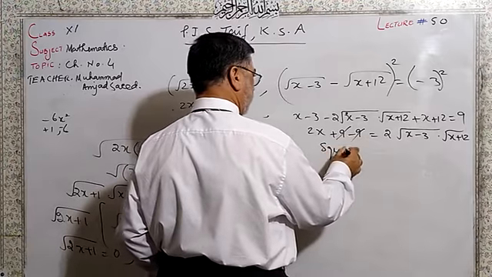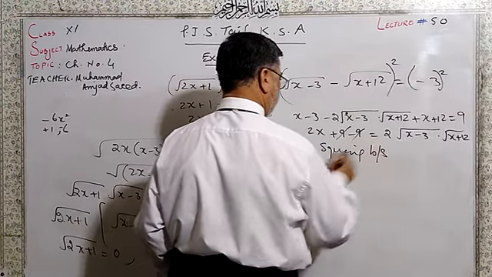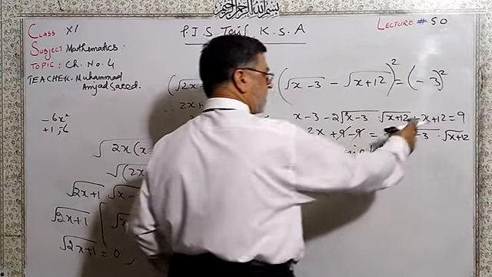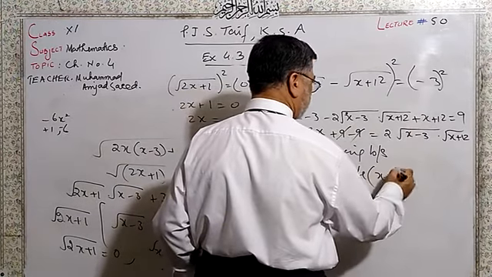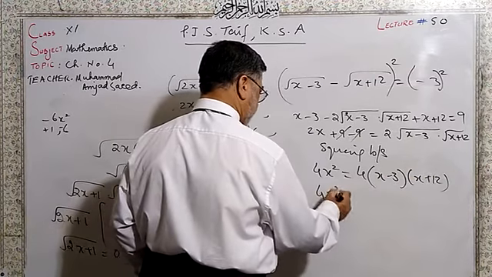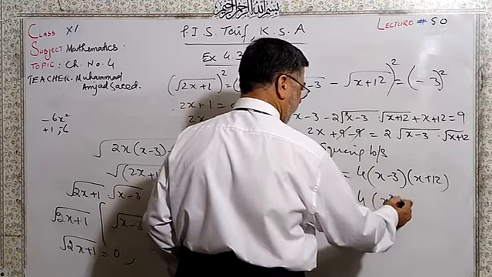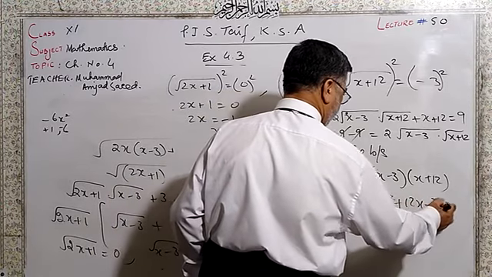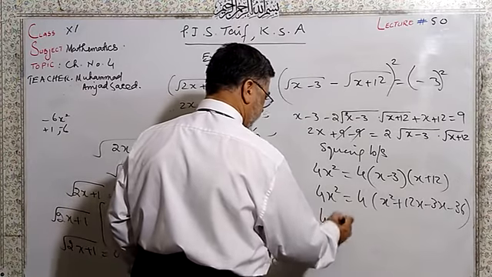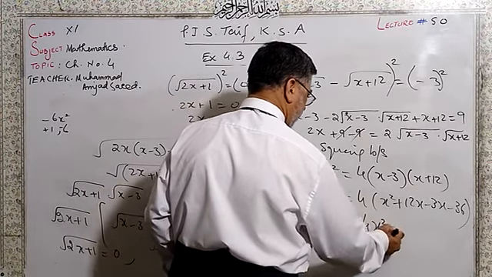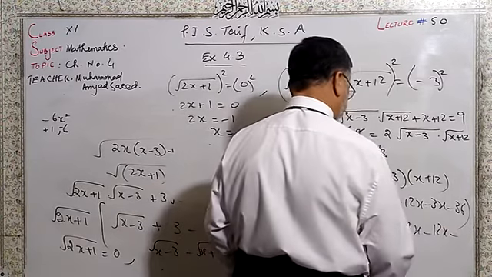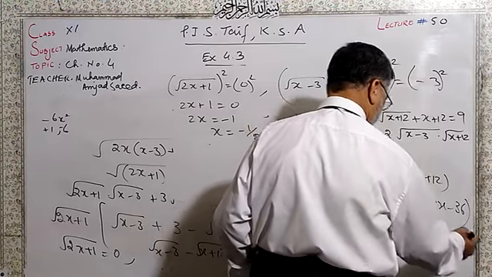After that, squaring both sides. This will be 4x square is equal to 4 into, square root cancelled out, x minus 3 into x plus 12. Here 4x square is equal to 4 into x square plus 12x minus 3x minus 36. Here 4x square is equal to 4x square plus 48x minus 12x and minus 36 into 4.